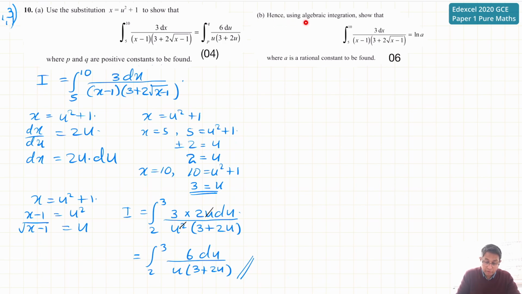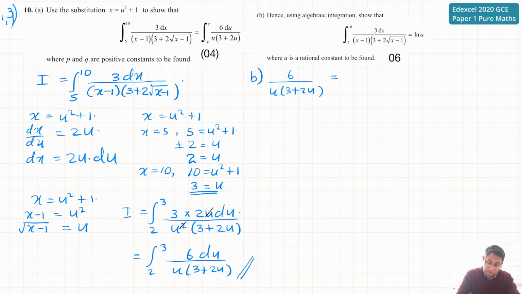Part B, hence using algebraic integration, show that this integral equal to ln a, where a is a rational constant. You need to find that a. What you have to do is find this integral. You can take the fraction 6 over u times 3 plus 2u, find the partial fractions of this fraction, then you can easily integrate using the ln rule.